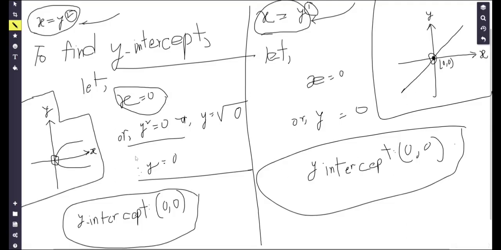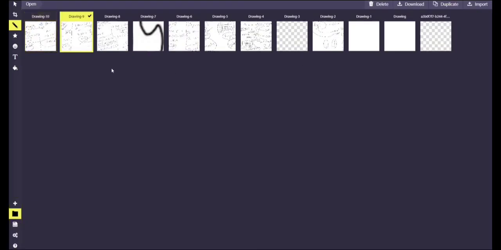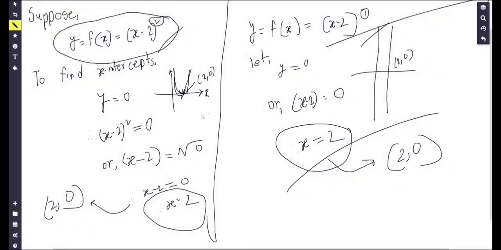Does it make sense? When the graph touches or crosses the y-axis, look at the first thing I told you, that when we look at this function, we have a repeated root here, the root is 2, and the intercept is 2, 0 for this function, and x minus 2 is a linear equation, and the x-intercept is also 2, 0 for this function.